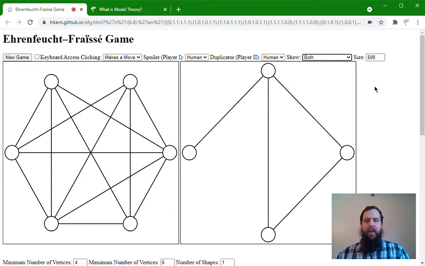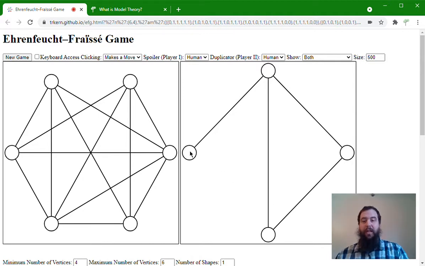The idea here is we have 2 graphs, and we have 2 players. We have spoiler and we have duplicator. Spoiler is player 1. They'll go first and they'll pick a vertex of either graph. So they can pick any of these 6 vertices or any of these 4 vertices, whichever ones they want.